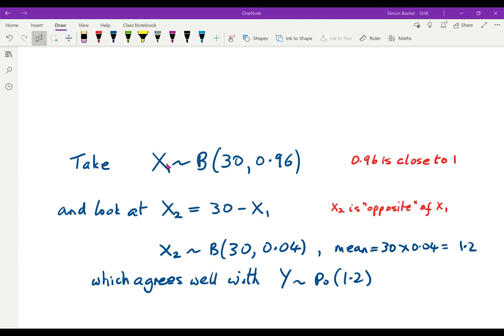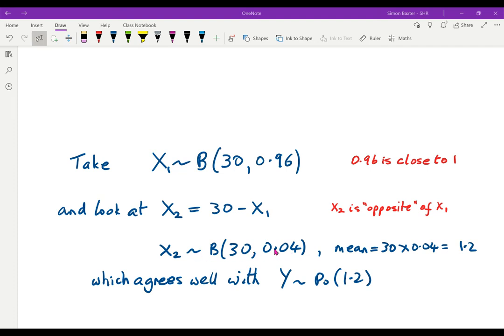So if there are 4 successes with x1, there will be 26 values of x2. It's like red flowers and yellow flowers. If I've got 4 red flowers, I will have 26 yellow flowers. Probability of red, 0.96. Probability of yellow, 0.04. That's what I mean by the opposite.